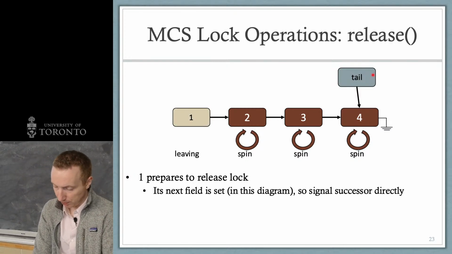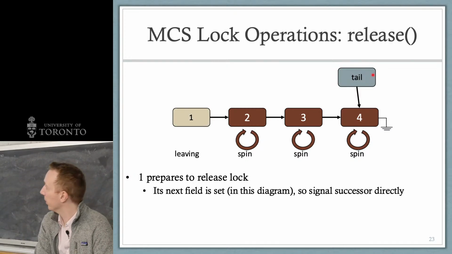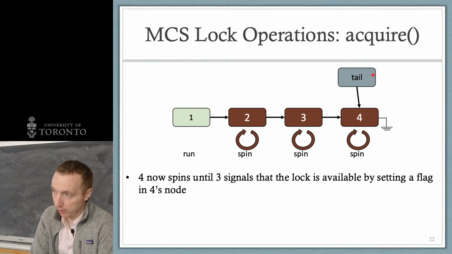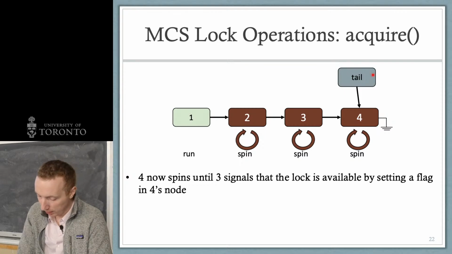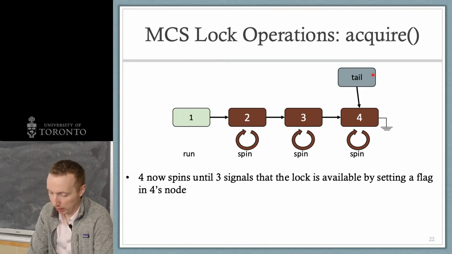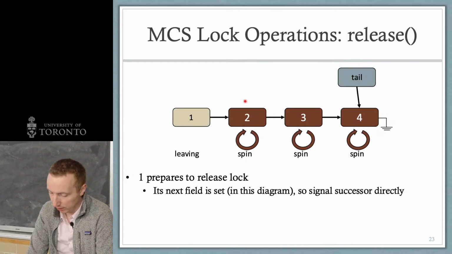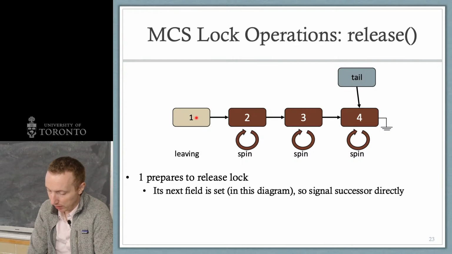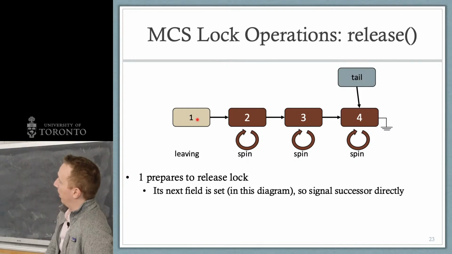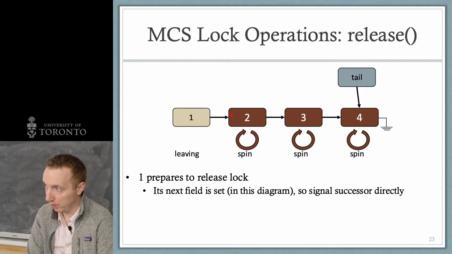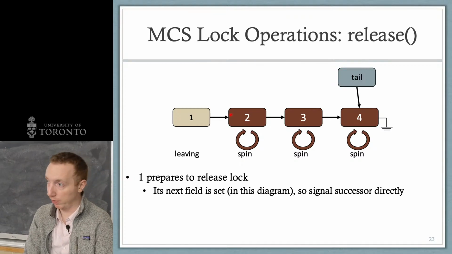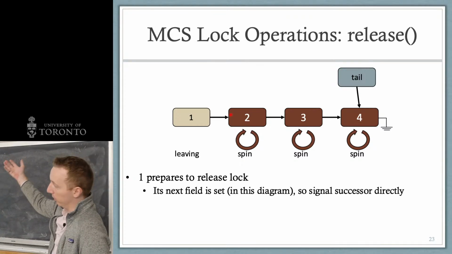So now when we release the lock, here thread 1 has that lock and tries to release it. The steps we need to go through to actually release the lock are, well, all I have to do is look at my next. If my next does not equal null, that means someone else is waiting for that lock, and it's all in order.